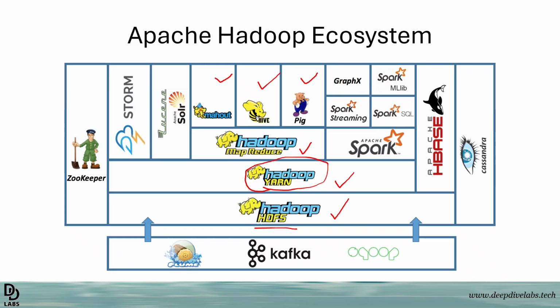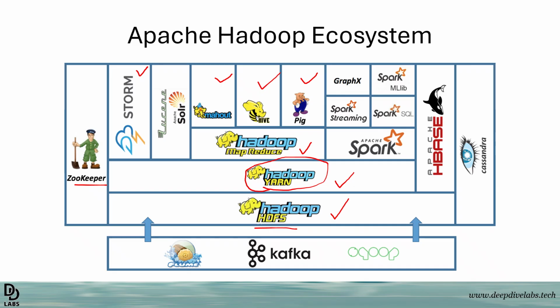Within the Hadoop ecosystem, there was Storm, which was used for streaming data as well, right? And then Zookeeper is yet another resource allocator, right? That helped in essentially scheduling all of these jobs.